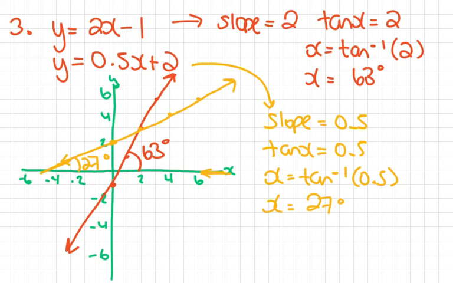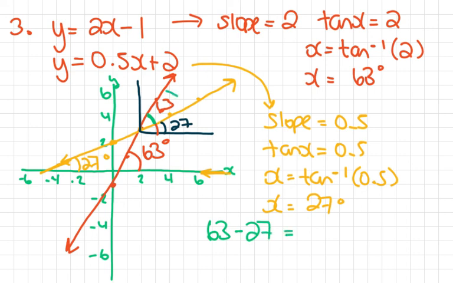Now, if I just shift this up to the point where they intersect, then the yellow one here is 27, and the orange one is 63. So I need to find the little angle that's between the two, which is right here. So I'll do 63 minus 27.